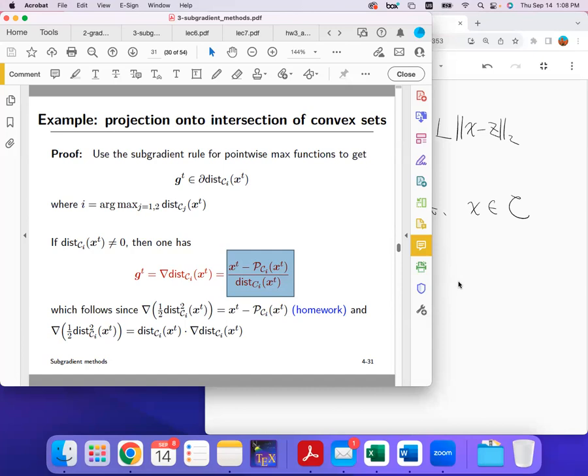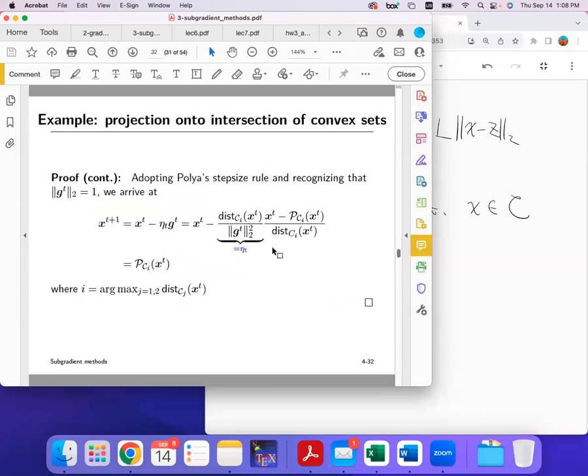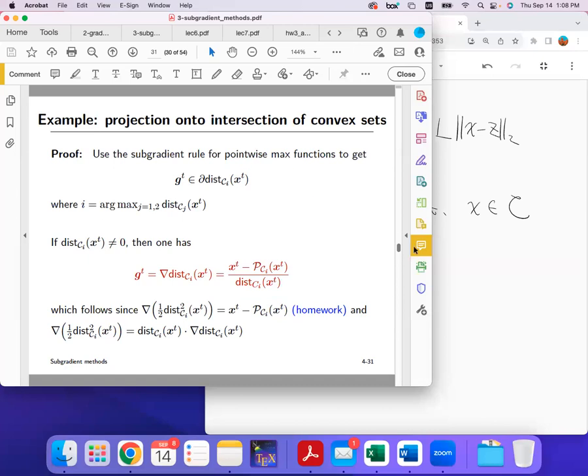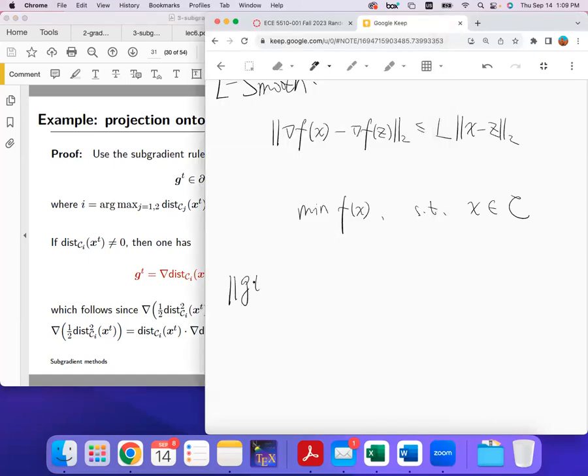If you take the norm of g_t, the denominator is the distance between x_t and C_i, but the numerator is the distance between x_t and its projection point on C_i, which is exactly the same distance.